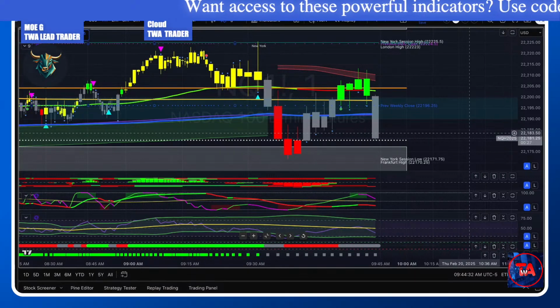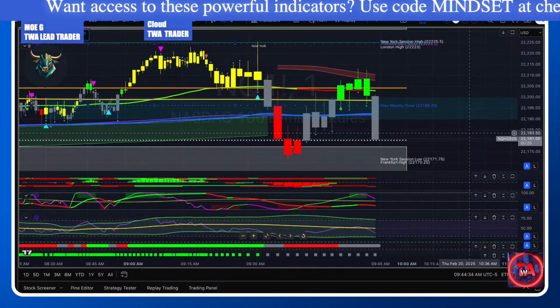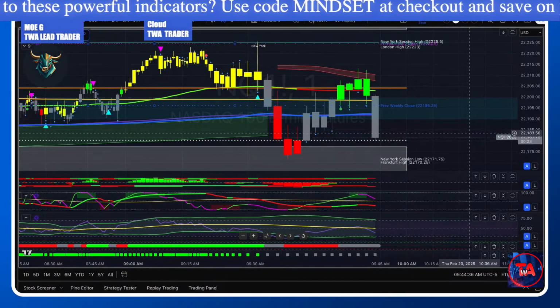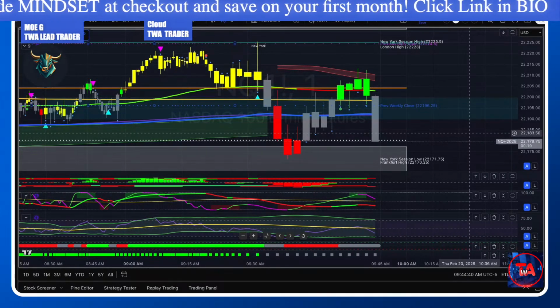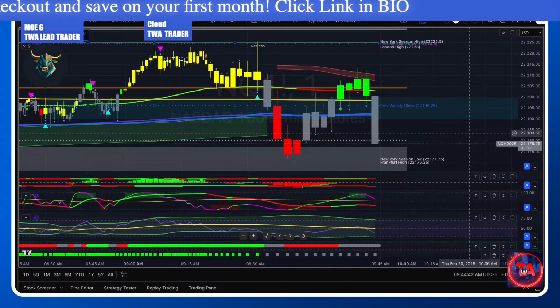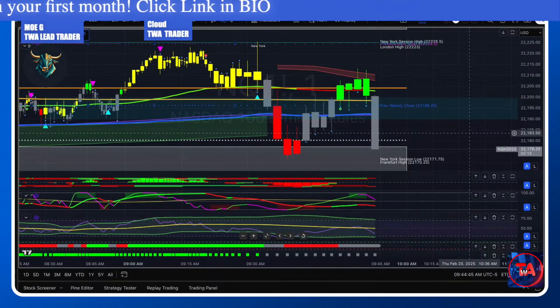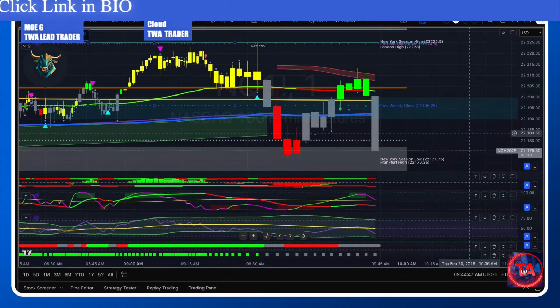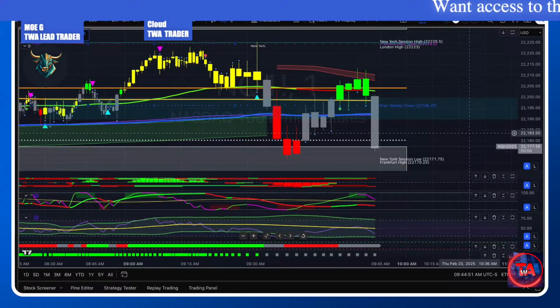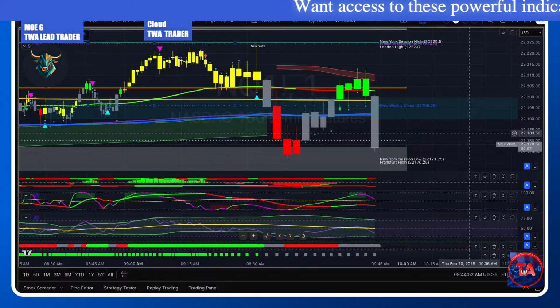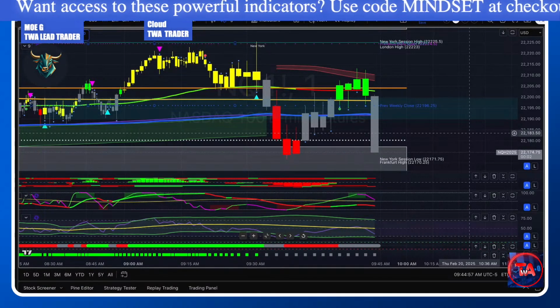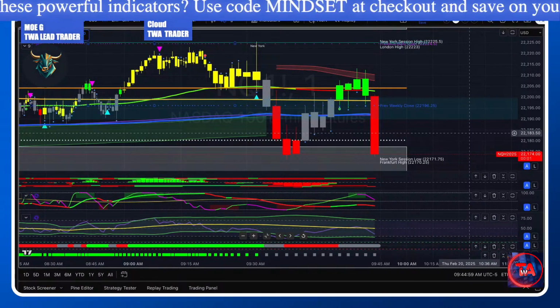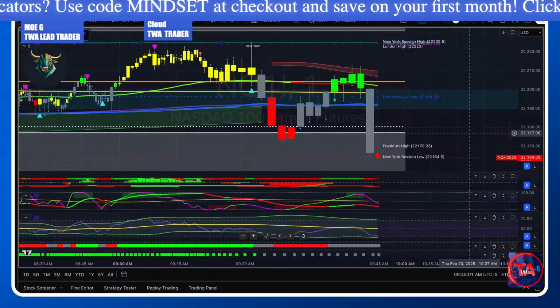Nasdaq again is in this funky area. First trade only gave me what 25 points at the most.